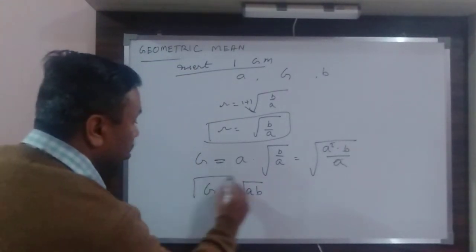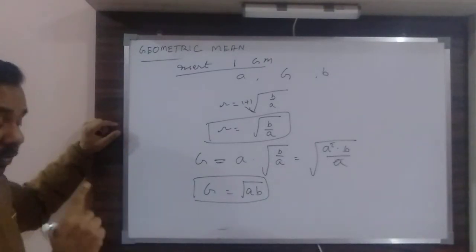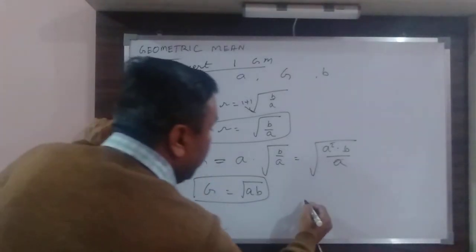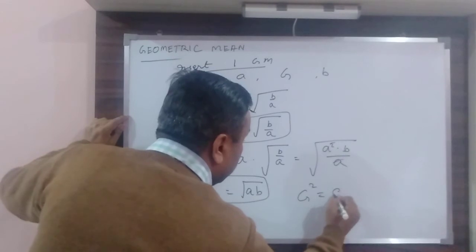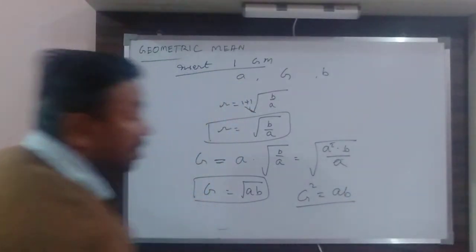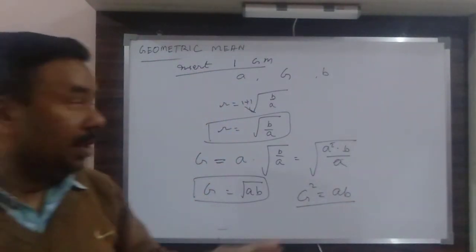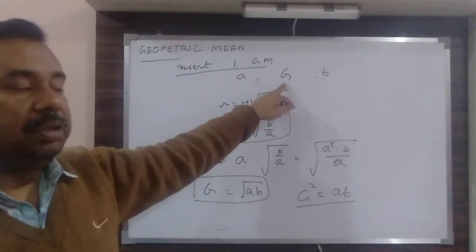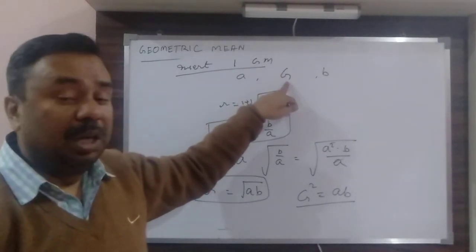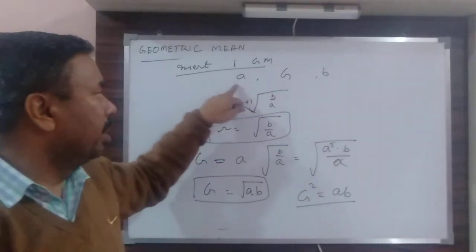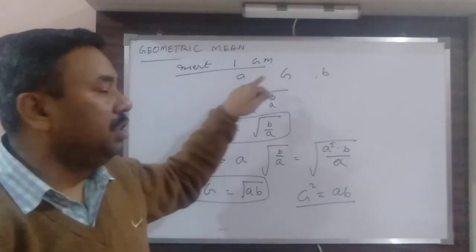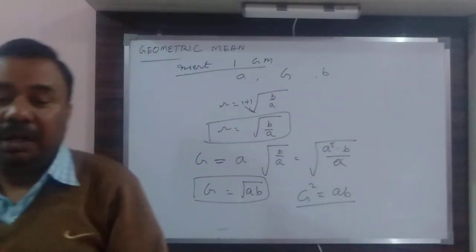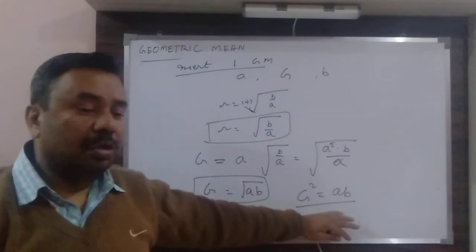This will be your geometric mean, and if you square it, you get G squared equals AB. That is, the square of the middle term equals the product of the other two terms if these three numbers are in GP. So this also you are getting.